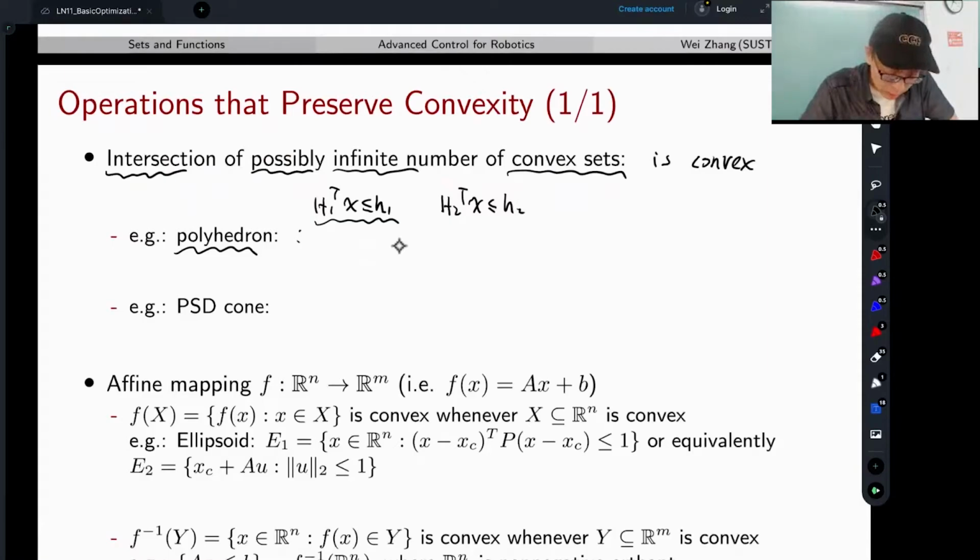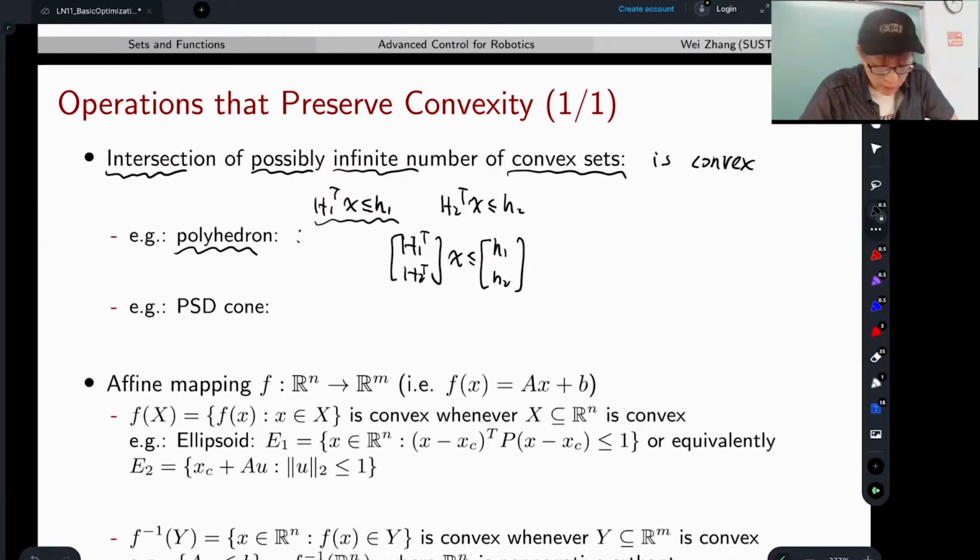If I put them together, that will be H1 transpose, H2 transpose times x less than h1, h2. That's simultaneously satisfying these two constraints. That's the intersection of these two sets, and that will be convex, right? This one is convex, and the other one is convex, so the intersection is also convex.